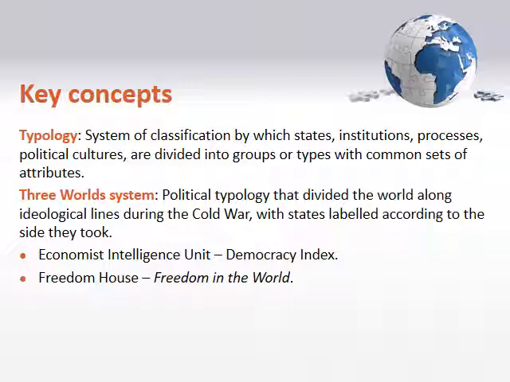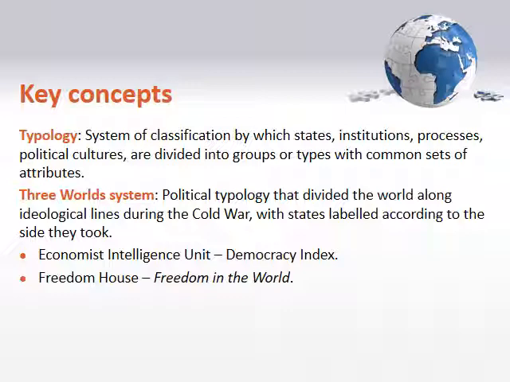A more specific modern term for classification is typology, or political typologies. And this is a way that we classify which states, institutions, processes, political cultures are divided with certain sets of attributes. So, for example, we have in the past used the three-world system, where the first world was advanced democracies like the United States, the second world was communist systems like the Soviet Union and China, and those that were closely allied with them, and the third world were those that were developing their institutions, developing their economies.